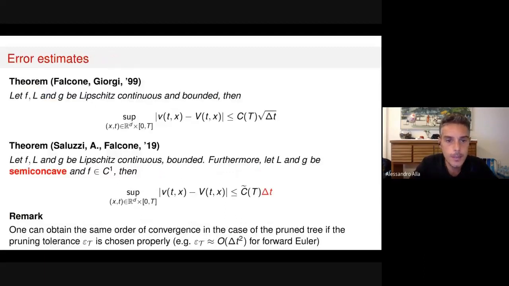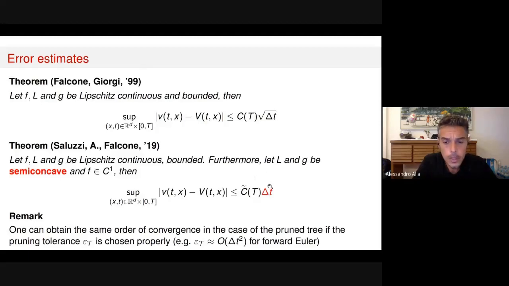So we also have some error estimates. There is old work by Falcone and Giorgi where they were able to provide error estimates of order square root of delta t. With our work, we were actually able to prove that this is order 1.